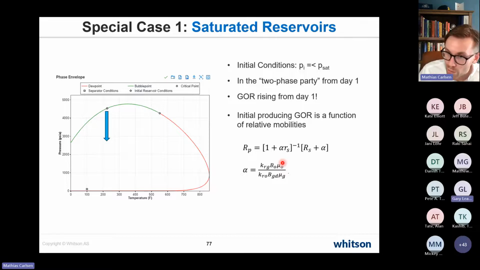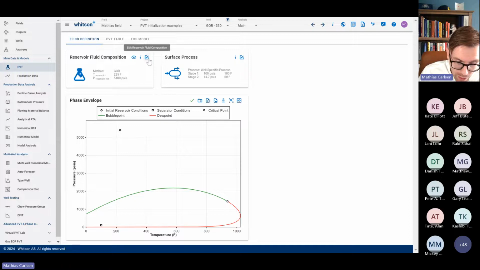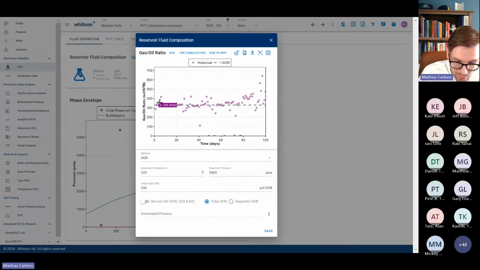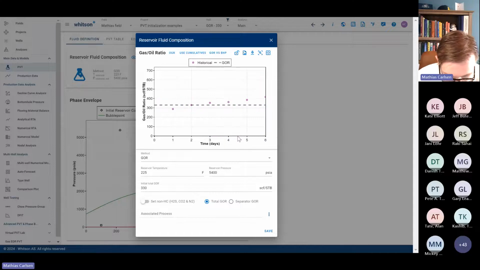So you see already from day one, it can be kind of complicated, because your GOR can be equal to the solution GOR, or it can actually be a number that's even lower. So for a well like that, if it was shooting up from day one, since this actually has some data that's up to 6 days, I'm just going to pretend that this is a well that shoots up from day one.